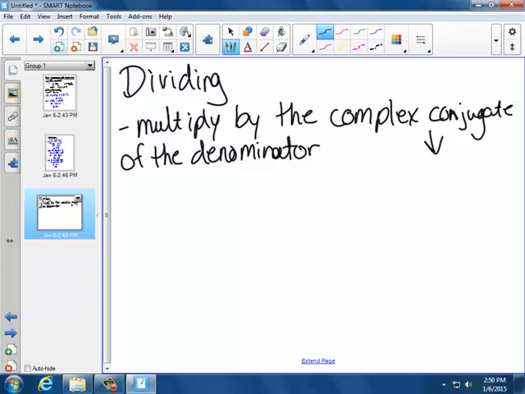So complex conjugate being, if it's a plus bi, we would do a minus bi.